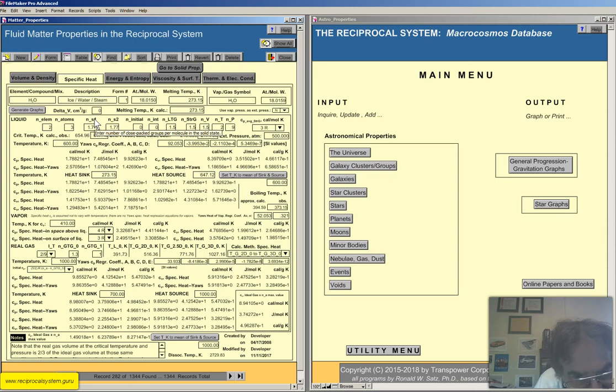Number of close packed groups per molecule in the solid state. Number of close packed groups per molecule in the liquid state. And this is a little bit strange here with these fractions. It's unusual, but that's because of hydrogen bonding in water. Then we have the number of initial units extrapolated back to 0K for specific heat of the liquid.